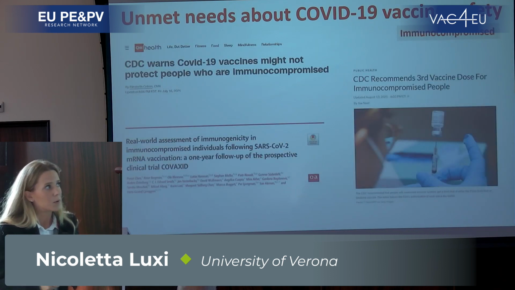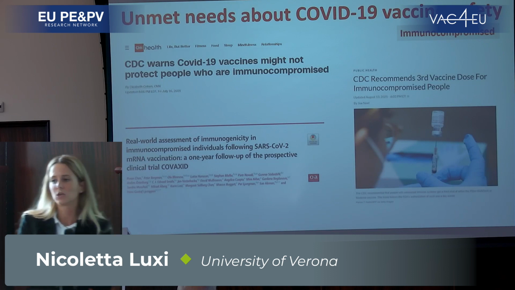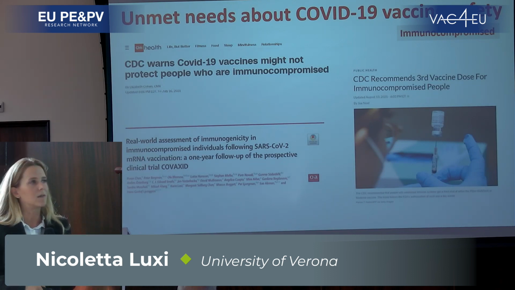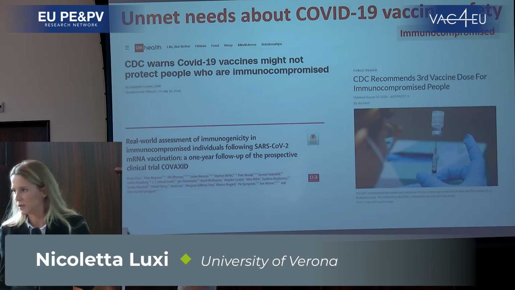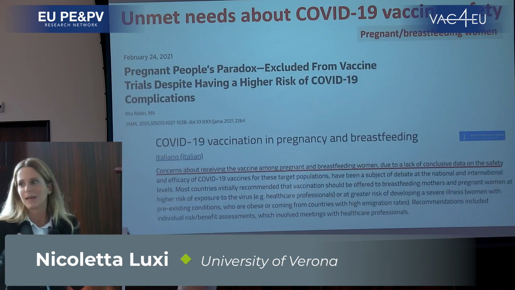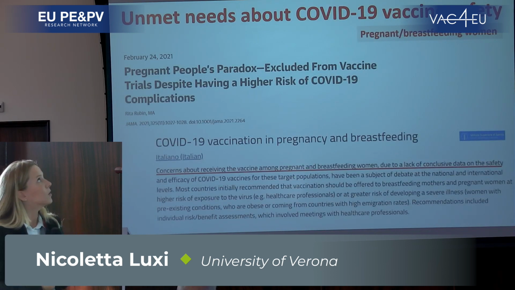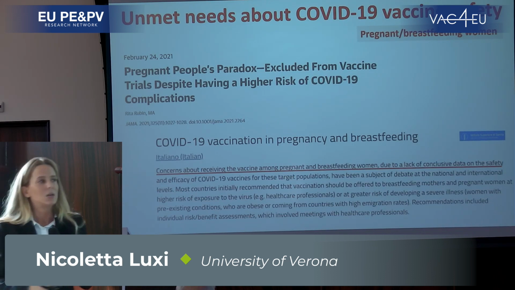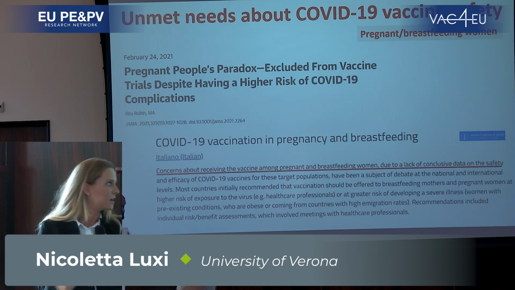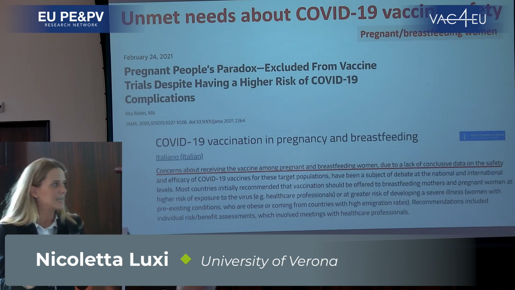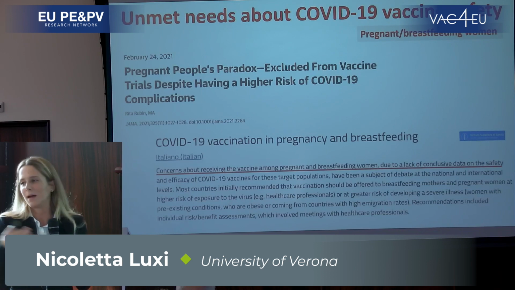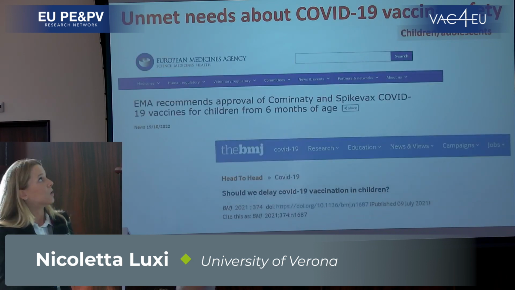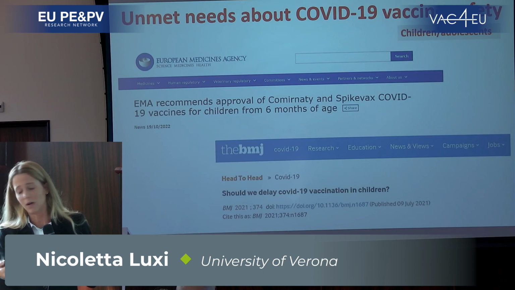For immunocompromised, most of the observational studies conducted initially evaluated the effectiveness instead of the safety. For pregnant and lactating women, those people were excluded from pivotal trials. So concern about receiving the vaccine among pregnant and breastfeeding women arose, and so on. The same for children and adolescents.